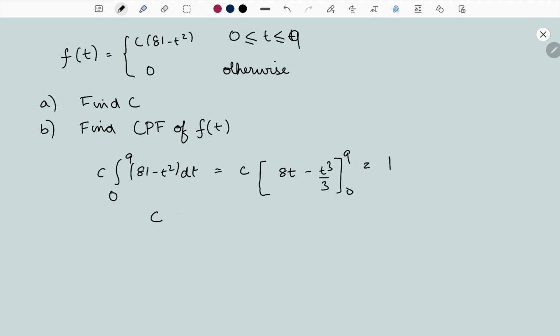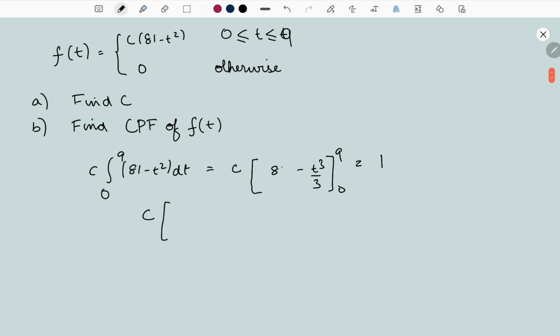So c times 81 minus 9 cube, which is 729, divided by 3, minus 0, equals 1.